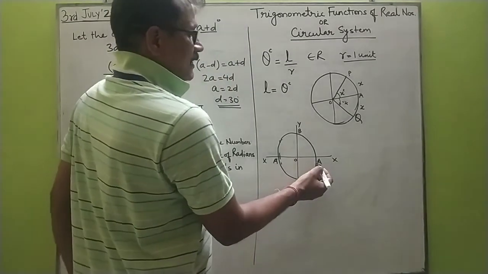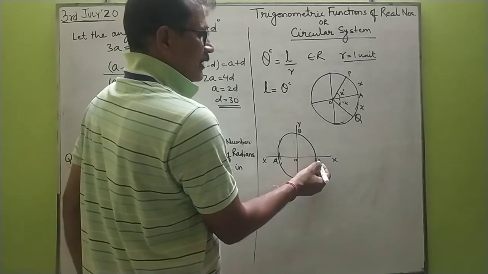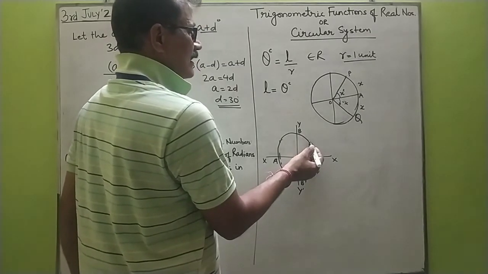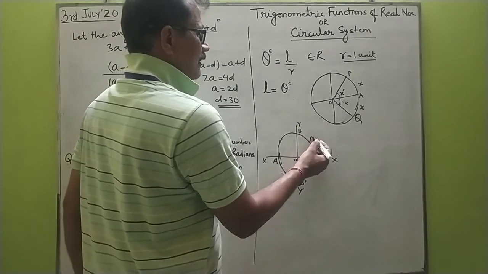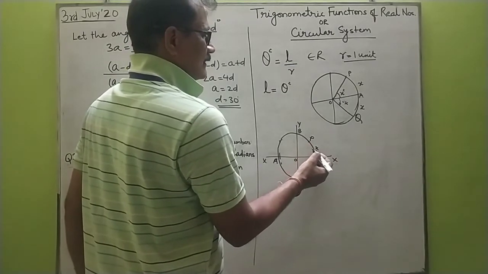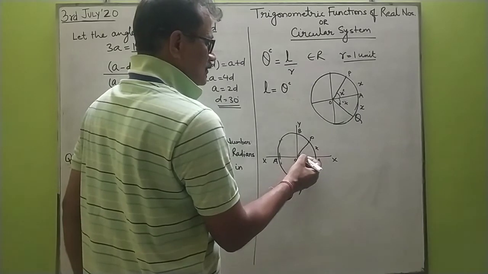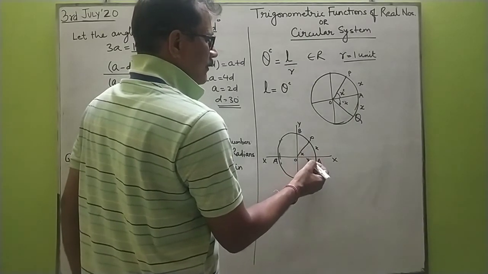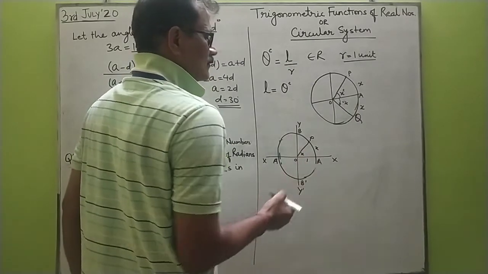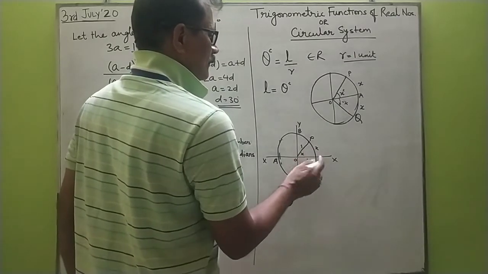A point starts moving from A anti-clockwise along the circumference and reaches point P covering a distance of x. Then the angle subtended at the center by the arc AP will also be x. Why? Because this is a unit circle of radius 1. Radius is 1. Okay children?